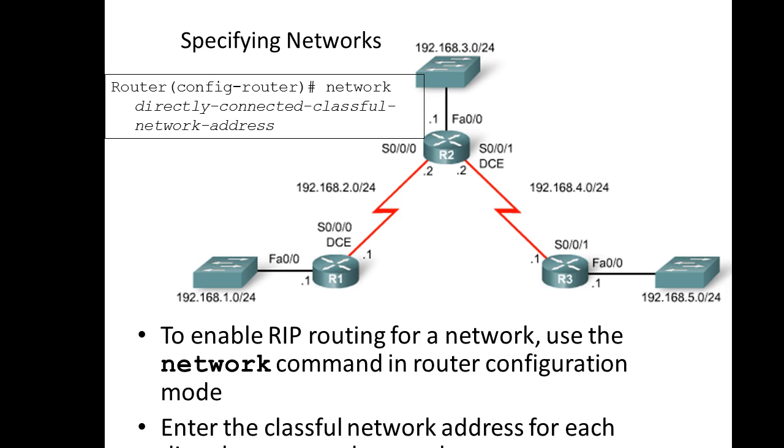And this command called network is going to enable RIP routing for a network. You're supposed to enter the classful network address for each directly connected network.